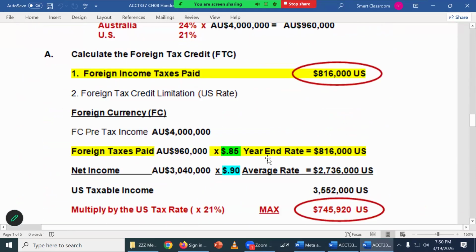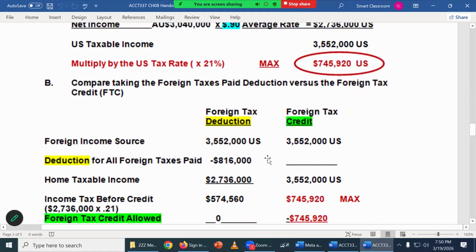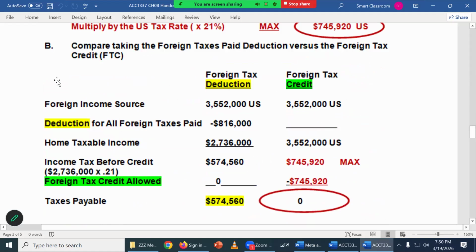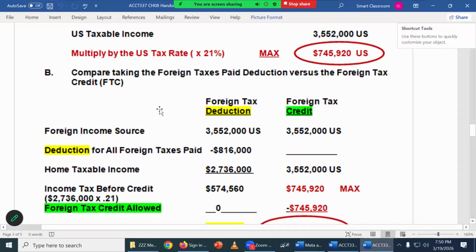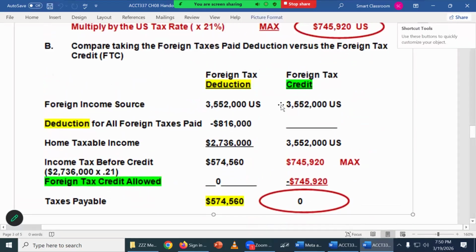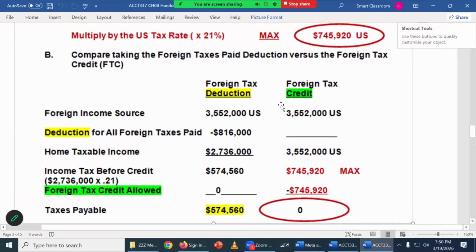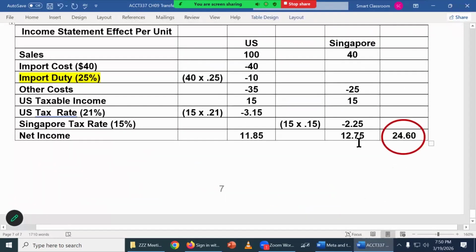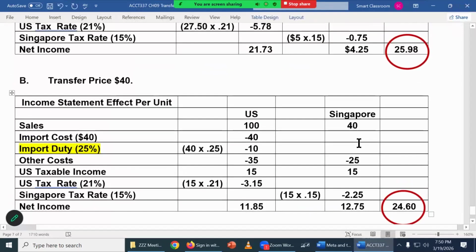There'll definitely be one of these on there. A foreign tax deduction versus foreign tax credit. Yeah. Okay. I'll get that out by tomorrow.